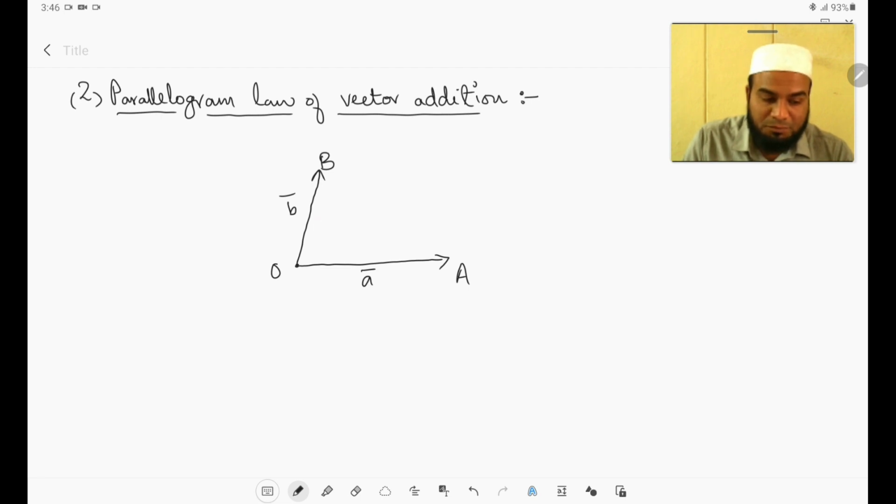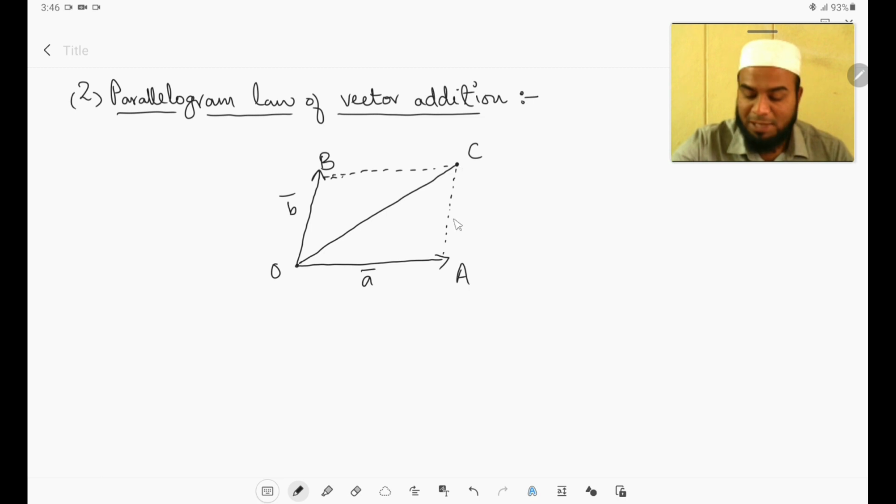According to the triangle law, what we are going to do is we will extend this. Consider a point here which is given by C, then you try to make this a parallelogram, right? Now you consider one more line like this. Then according to the triangle law, you apply the triangle law on this triangle O, A, C. Then what will happen?